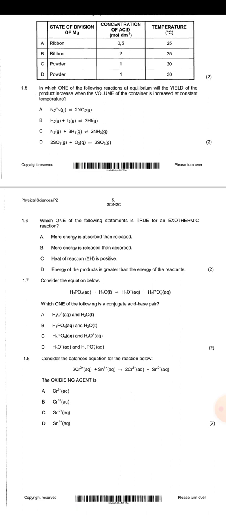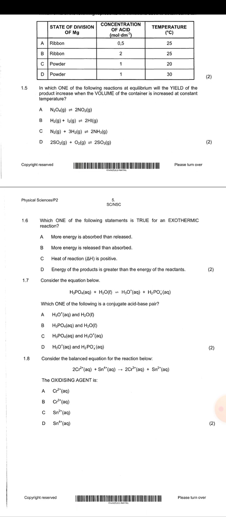Now H2O went with H3O plus, so they are related. Do we have that option? Yes. But now let's see which one was the acid, which one is the base. H3PO4 went from H3 to H2, so it lost hydrogen, meaning it was an acid. Then H2O was a base, because you can see that it gained a hydrogen, hence the H3O plus.